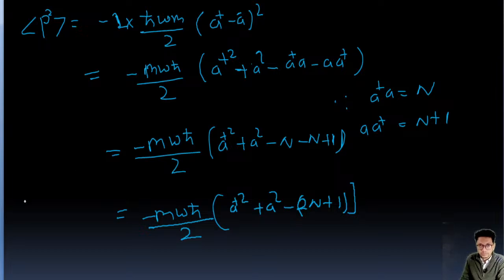Now this is just the value of p square. Now we'll find the expectation value of p square. The expectation value of p square is going to be minus m omega h cut by 2 into psi.